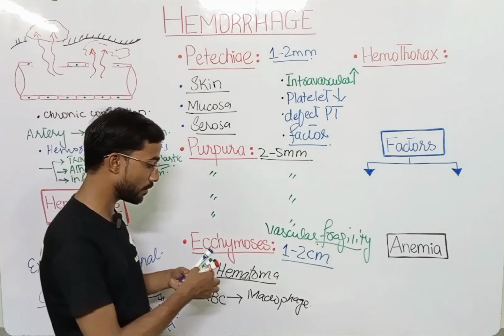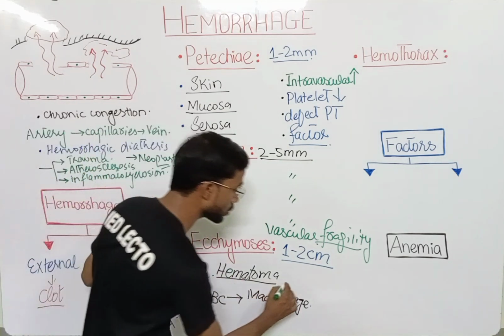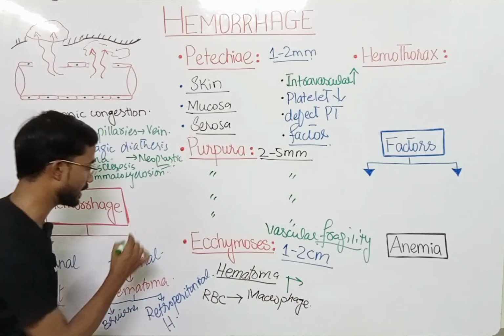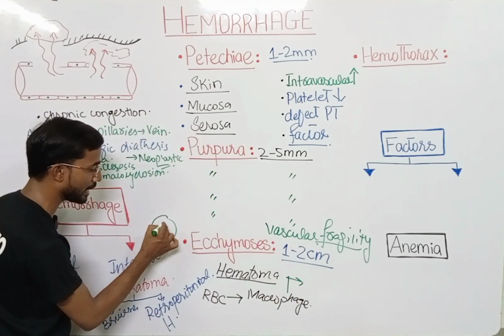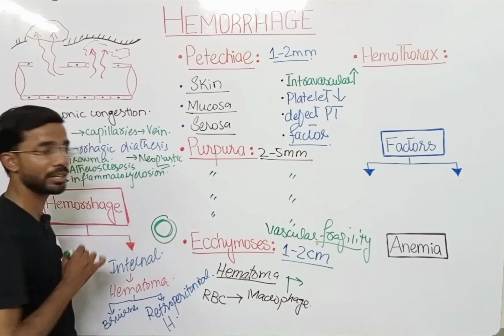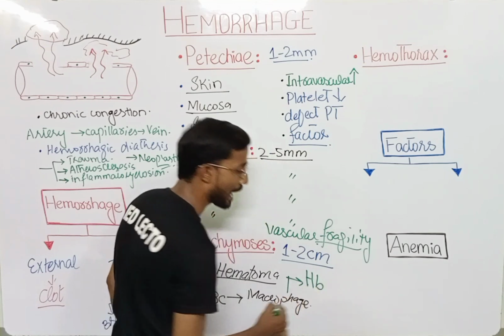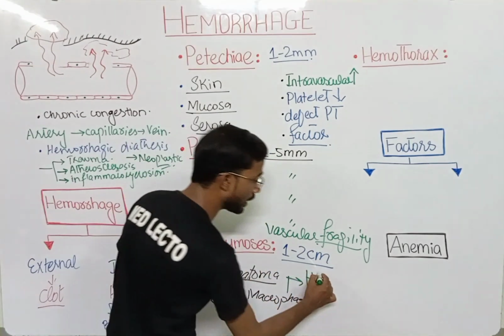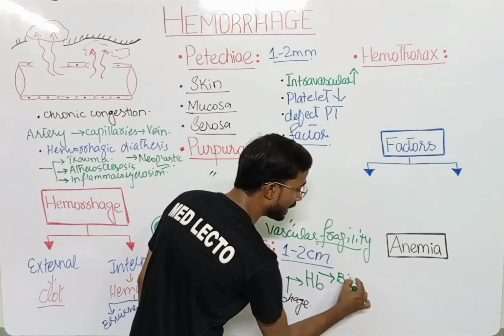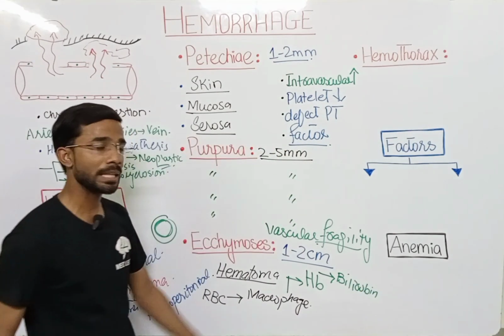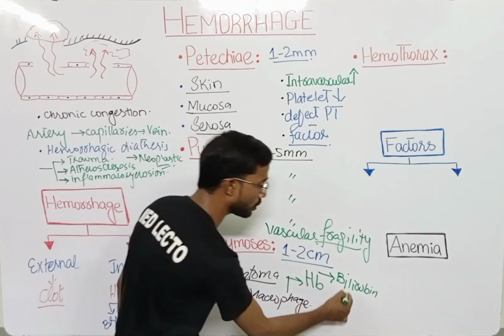After that you will see the formation of hemoglobin. As you know, hemoglobin is present in the RBCs. If you see here, this is the RBC and the hemoglobin is present at the periphery of the RBC. So in this case, hemoglobin will be released and will further convert into bilirubin. Okay, and the bilirubin is further converted into hemosiderin.